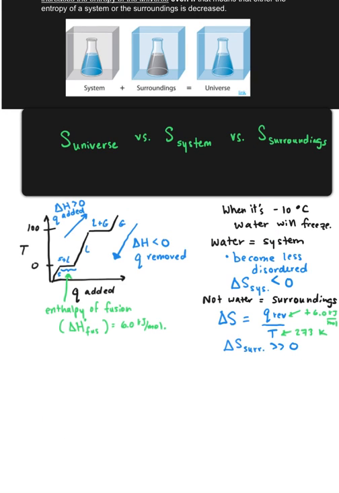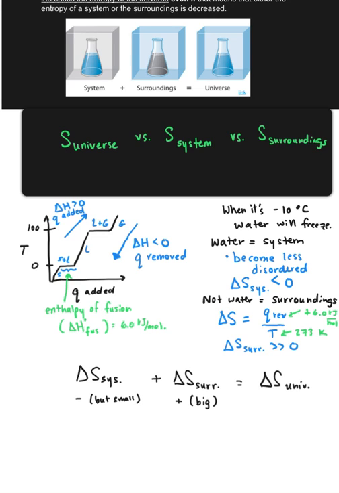Together, the change in entropy for our system, which is negative but small, plus the change in entropy for the surroundings of that system, which is positive and big, equal the change in entropy for the universe as a whole.